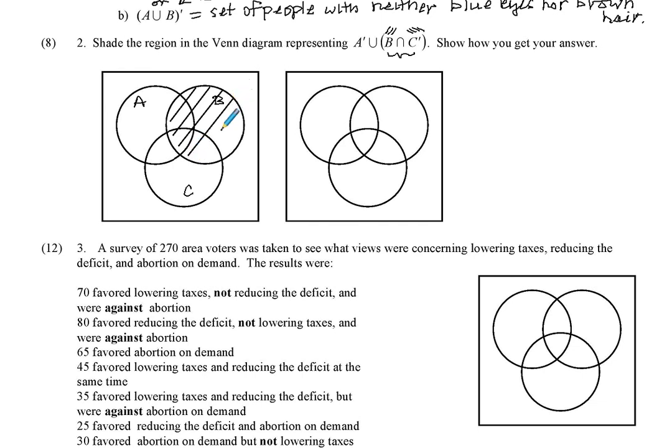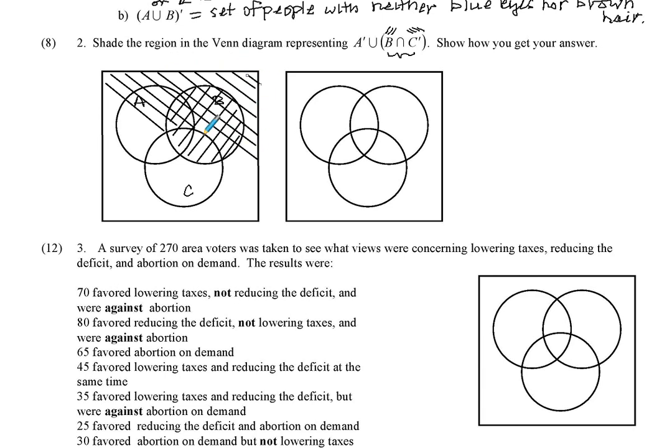Line tool is giving me a little bit of problem here. There we go. Okay, so there's the set B, and then not C, so everything that's outside of the circle C, we're going to shade the other way. Everything that's outside that circle.